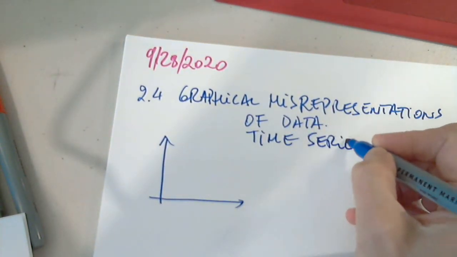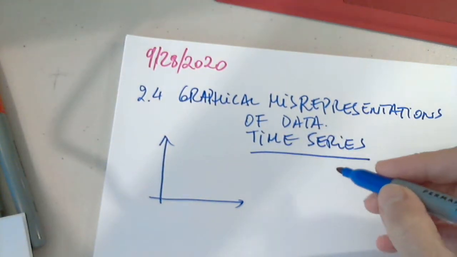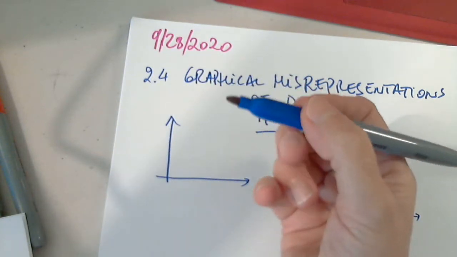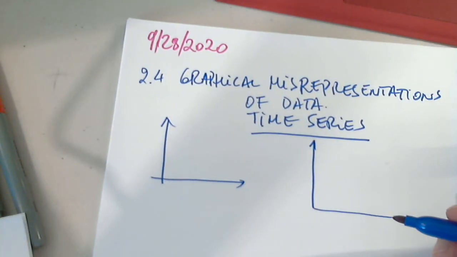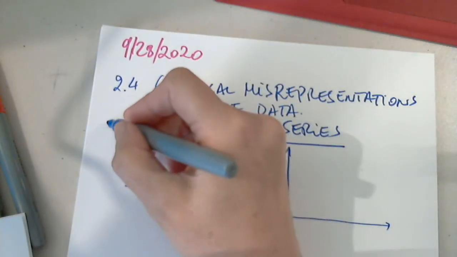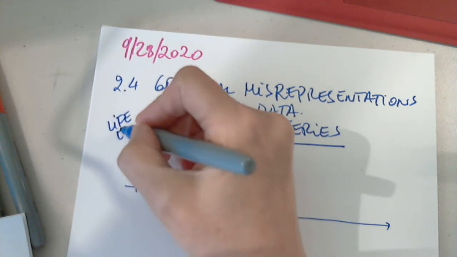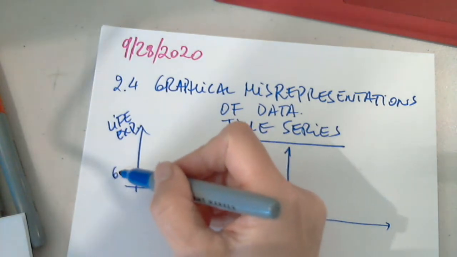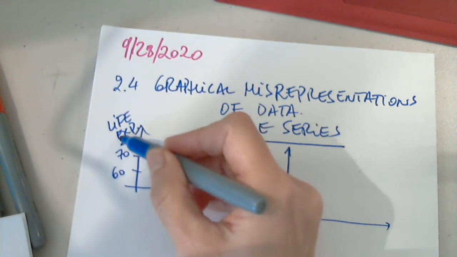This is an example. I can present, let's say there is a nice, interesting example on life expectancy. Let's say it's 60 and 70 and 80 years.